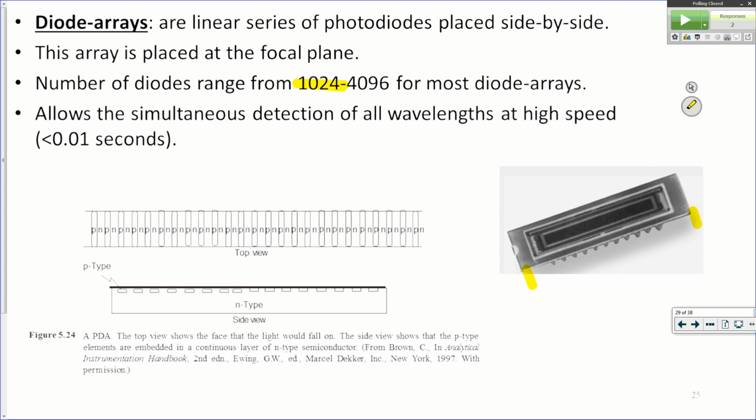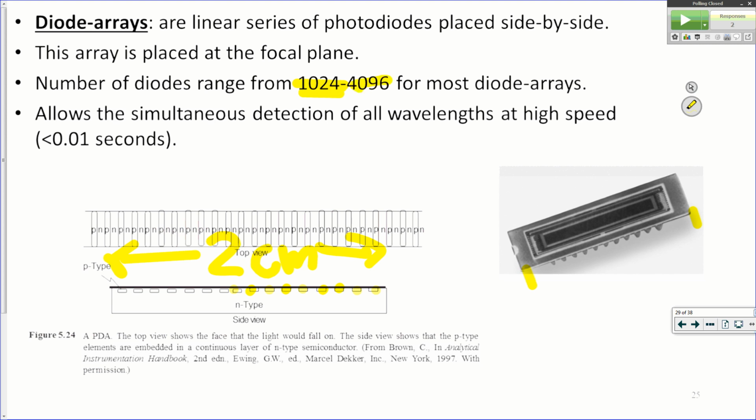And it's a series of NP-type diodes where every one of these wells represents a different point where you can detect light at. Today, over this couple of centimeters, something typically in the neighborhood of 2 centimeters in length, you can put on the low end 1024.